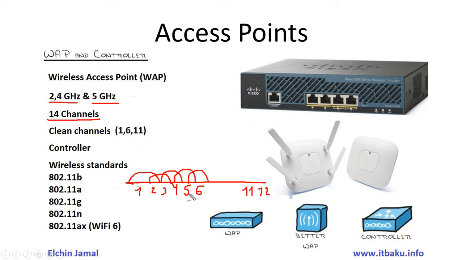So if we have several devices which are very close to each other, and we leave the channel mode by default, or, for example, for our first device we put channel 1 manually, the second device is next to it, we put channel 2, and the third device is also next to the second device, broadcasting in channel 3, for example. So which problem can we have here?